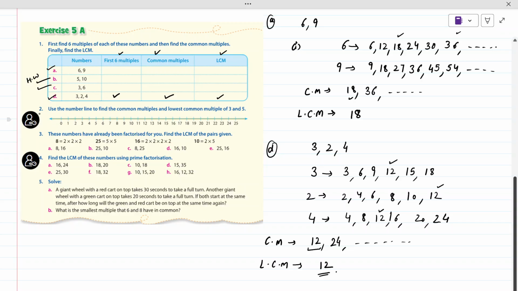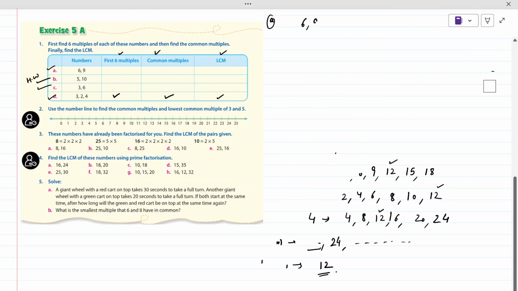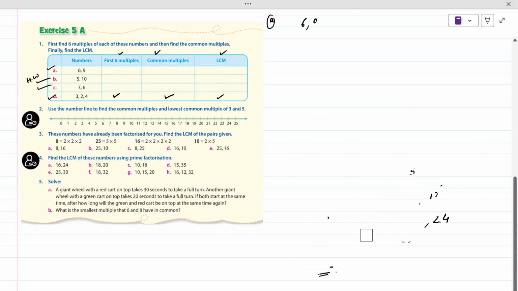Now, second question: use the number line to find the common multiples and the lowest common multiple of 3 and 5. For this, let me erase this first. We are going to use the same number line which is given to us. Now we know the steps we learned in the last class. First of all, we are going to mark the multiples of 3 here, using the color black.